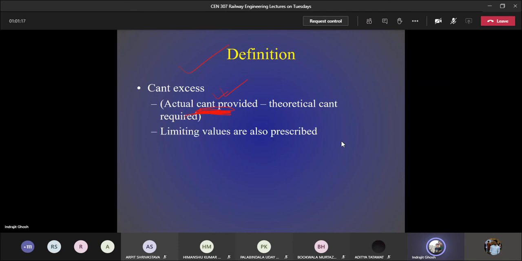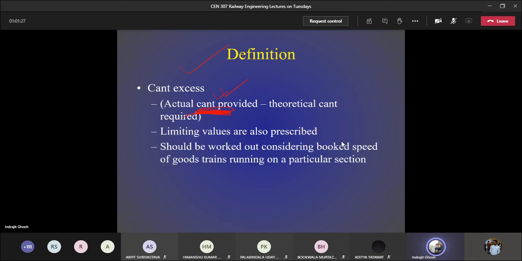In case of cant excess also, you need to make sure that it is not going beyond a certain value. Anything really high is not good, and it should be worked out considering the book speed of the goods train. Book speed is basically the speed which we fix for the goods train running on a particular section.